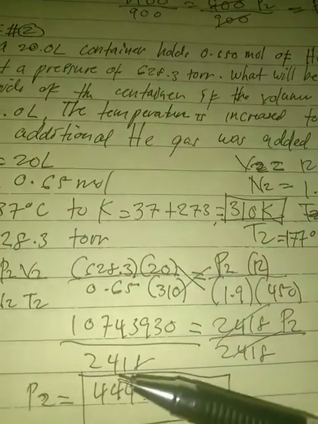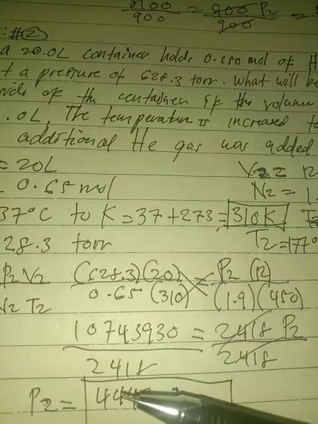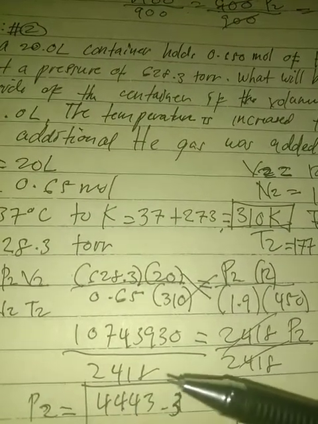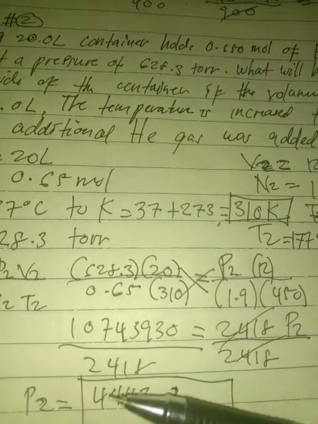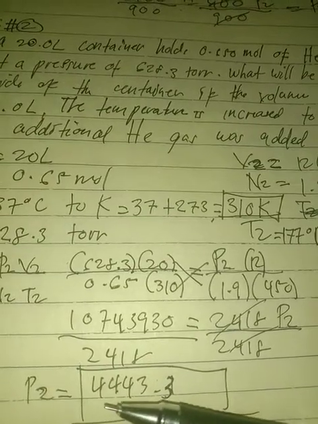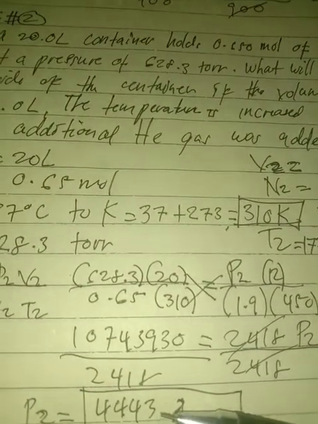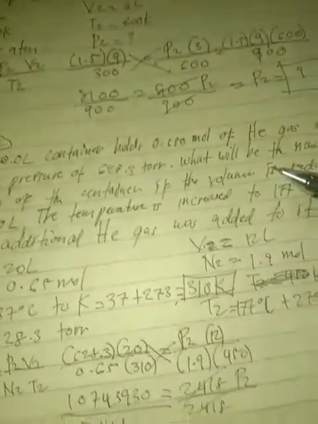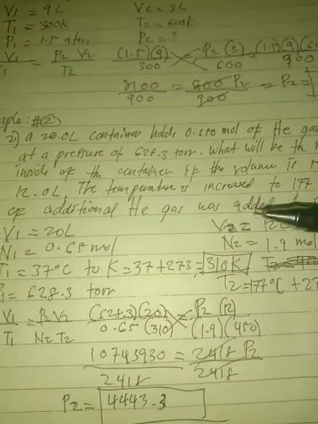The answer is 2,418. So now we are going to divide. So the result is our P2, the answer is 4443.3. So that is the answer of our problem number 2.